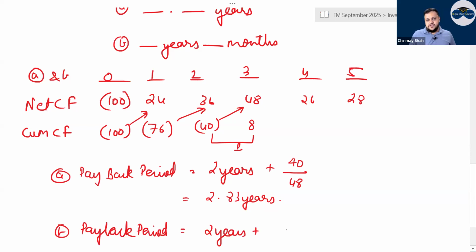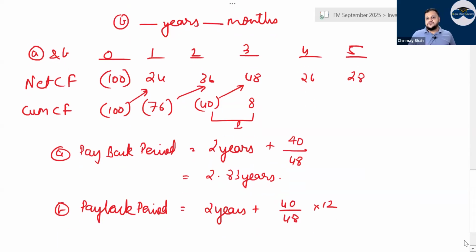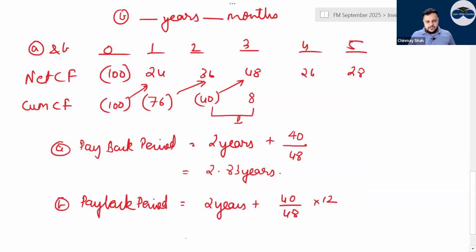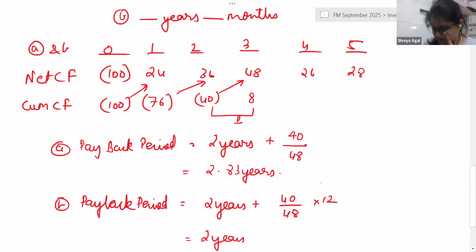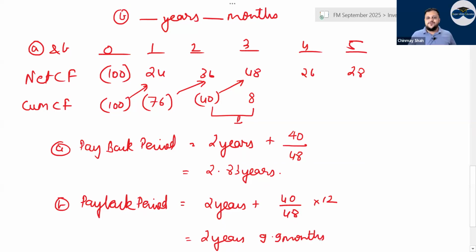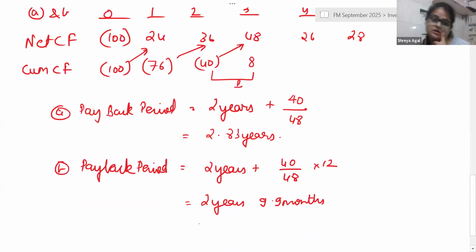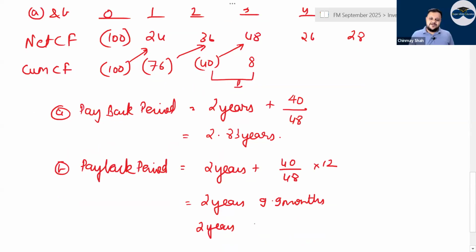Points are 40 divided by 48, and you have to multiply by 12 to get the number of months. That means 0.83 into 12 is 9.9 months. Should I take 9 months or 10 months? 10 months. So 2 years, 10 months.